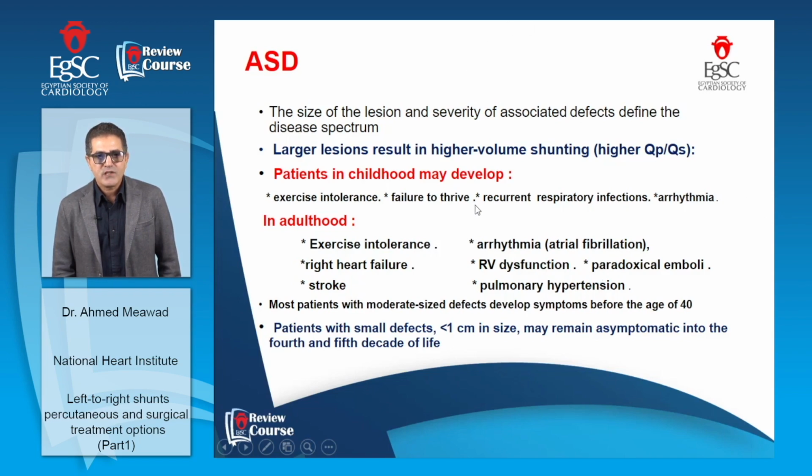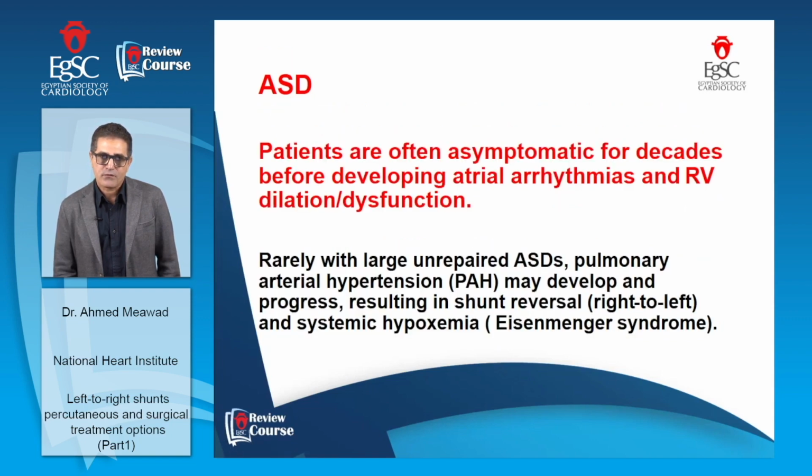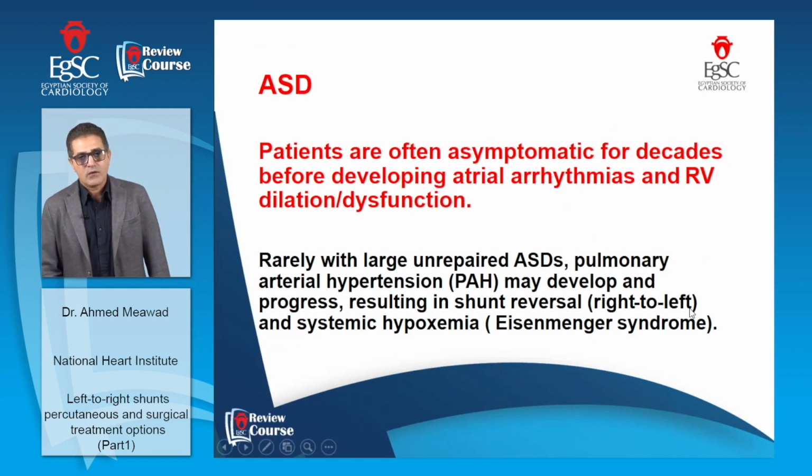As we know, patients with small defects less than 1 centimeter in size may remain asymptomatic till the 4th or 5th decade of life. So we saw many patients in the 3rd or 4th decade with ASD, but they haven't Eisenmenger syndrome. Rarely, in about 5 to 10%, they have irreversible pulmonary arterial hypertension.